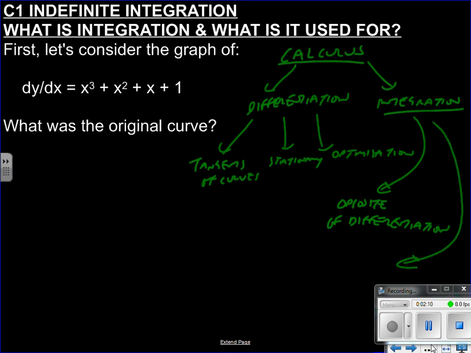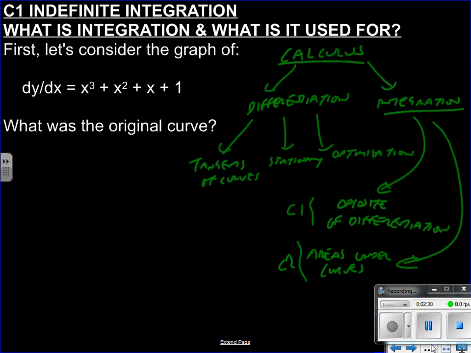The second function it has is that it can find the areas under curves, and that is your C2 area, and they're going to have some really good math challenges on that. And C1 is your opposite of differentiation. So that's what we're working on at the moment.